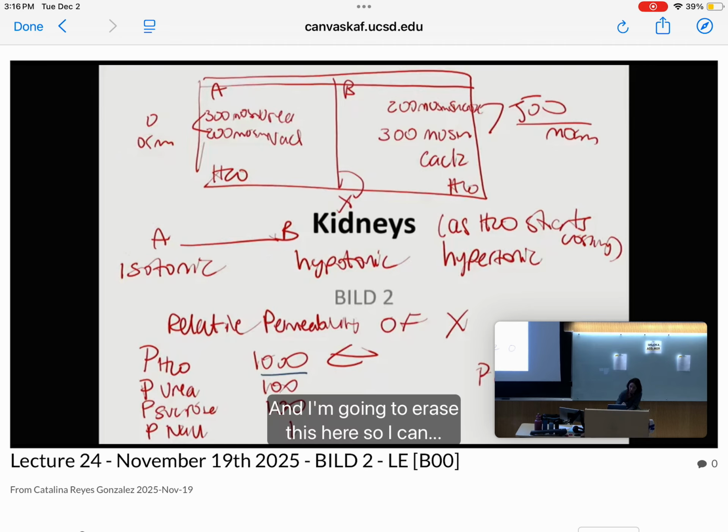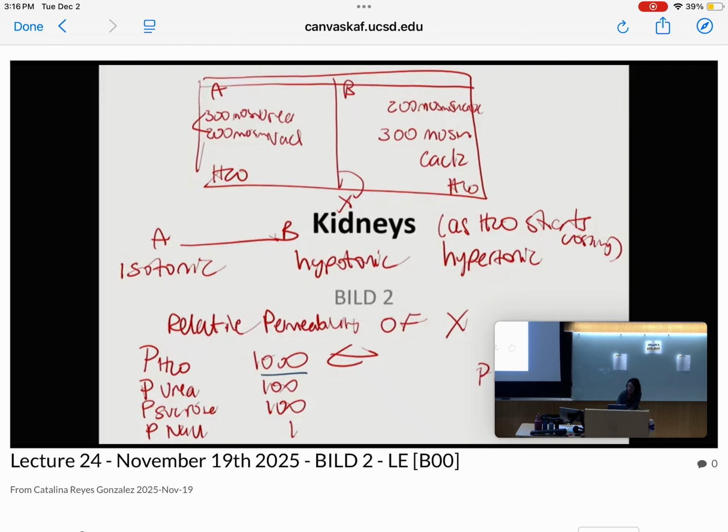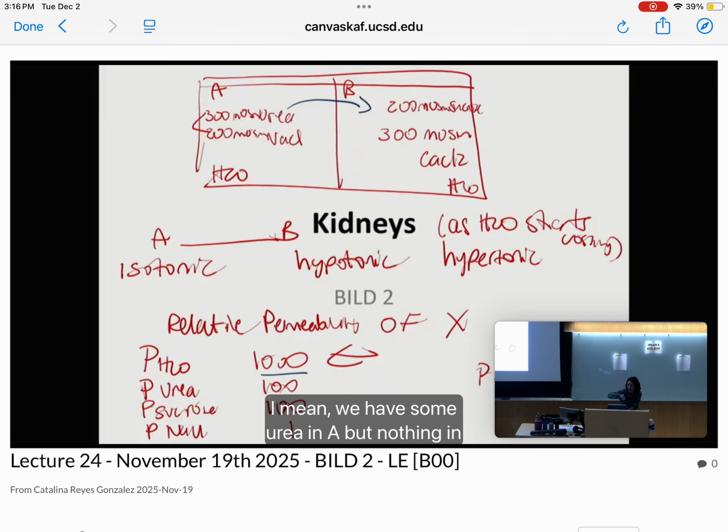So what do you guys think? Urea is going to move from A to B, right? Because we have some urea in A, but nothing in B, so it's going to move down its concentration gradient until both tanks equilibrate.